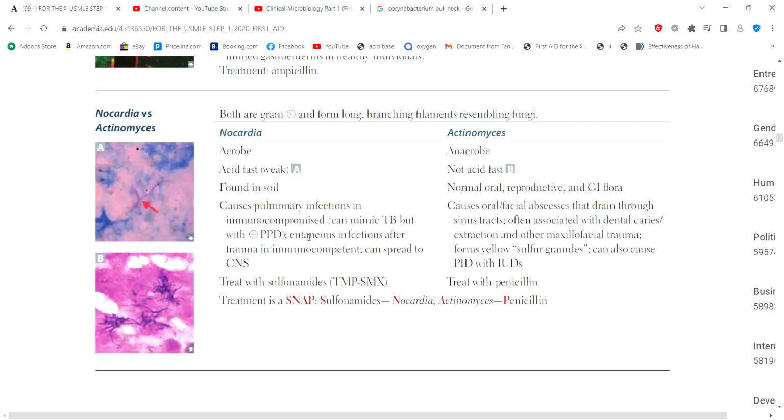But in chronic granulomatous disease patients, they can't do that. So they're at high risk for any catalase positive organism.